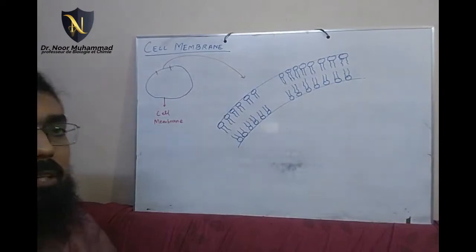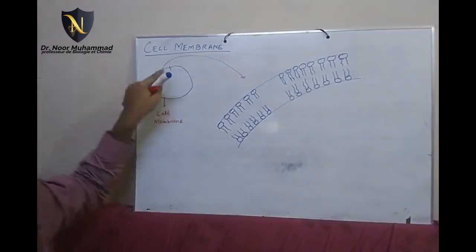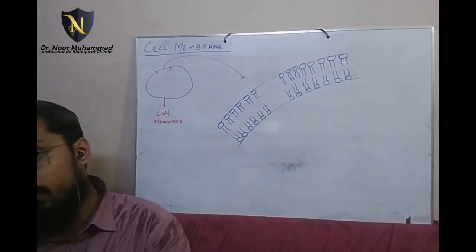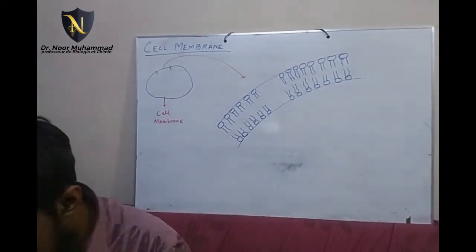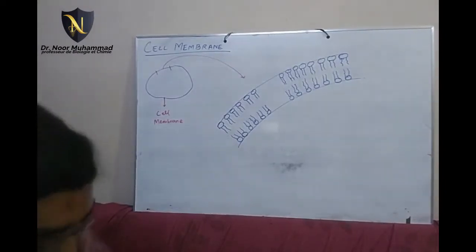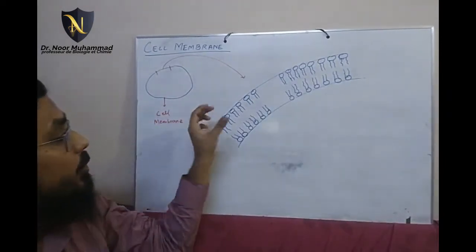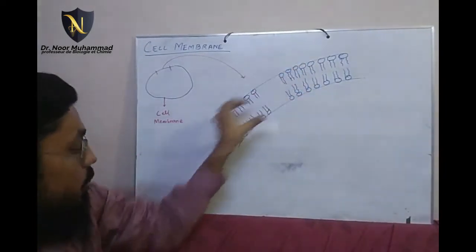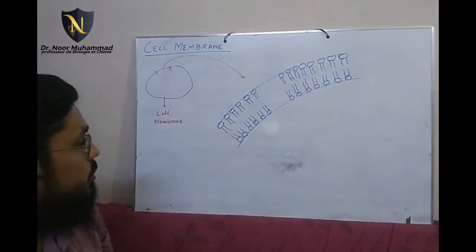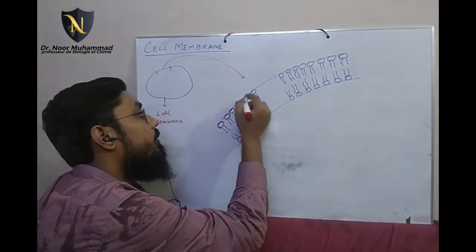Okay, according to this model, the first point you need to understand is that the cell membrane which is here, if I magnify and draw it, I can clearly see here that the cell membrane is composed of two layers, one and two. The cell membrane is composed of two layers of lipids.